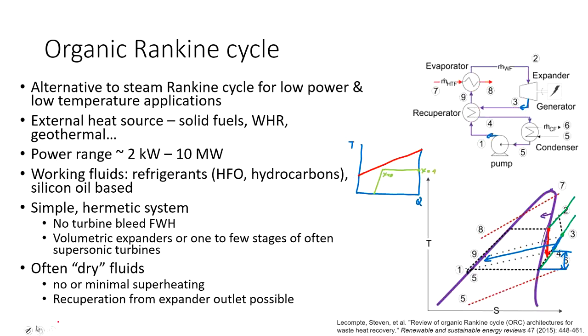On the other hand, when we have the organic fluid, so if we have the same pinch point, the graph can easily look like this. So actually the amount of heat that is extracted from the heat source and that can be transferred into the cycle to convert it to work is this large.